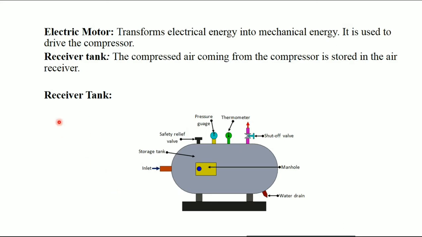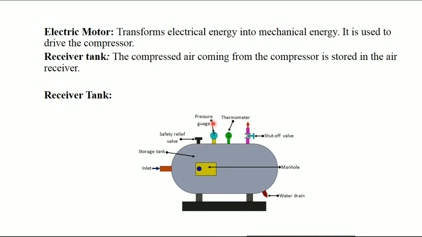So this is a simple line diagram of a receiver tank. This is the inlet coming from the compressor. This is the storage tank with a manhole. We can see through the manhole. Several provisions are available. There is a safety relief valve, so the pressure is always monitored here.